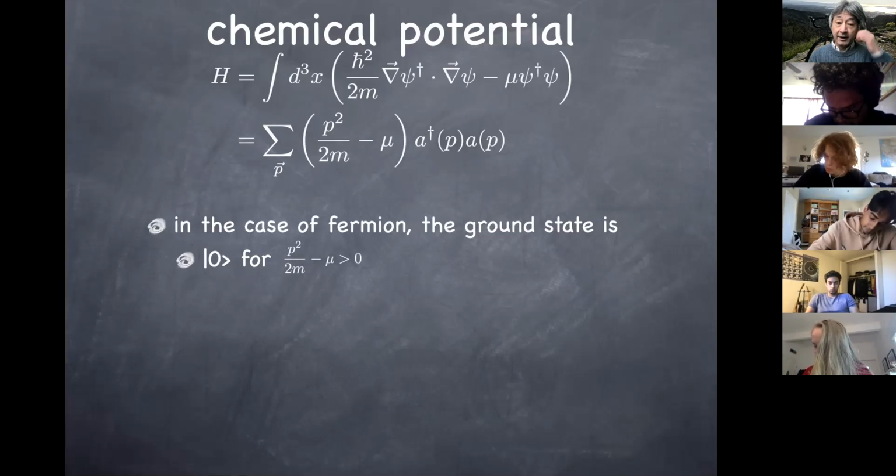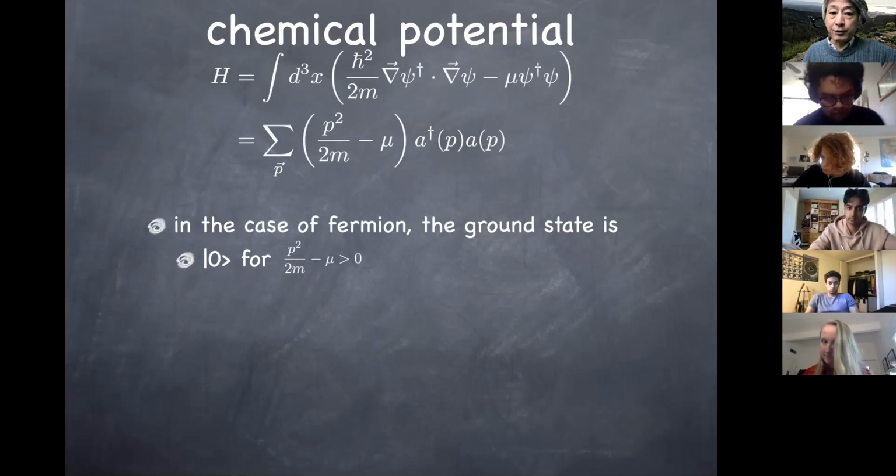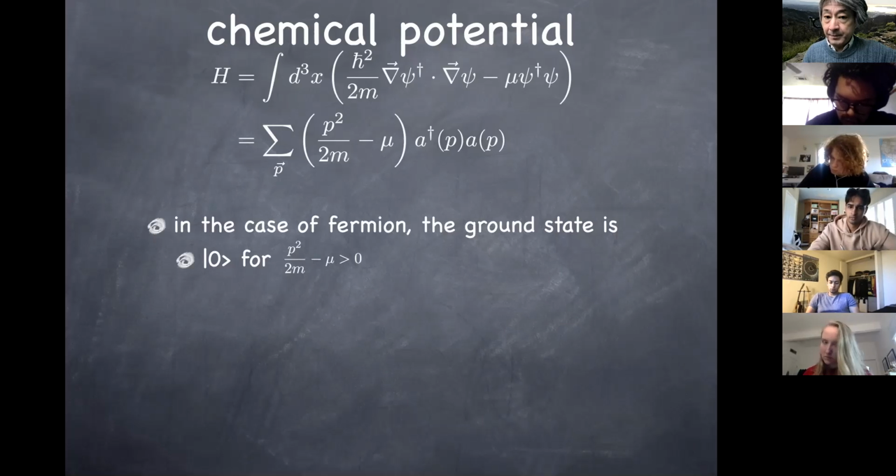So that's the idea for the momentum modes when p squared over 2m minus mu is positive. But for the momentum modes where p squared over 2m minus mu is negative, this whole thing in parentheses is negative. So if you put one particle into the system, then that would lower the energy.